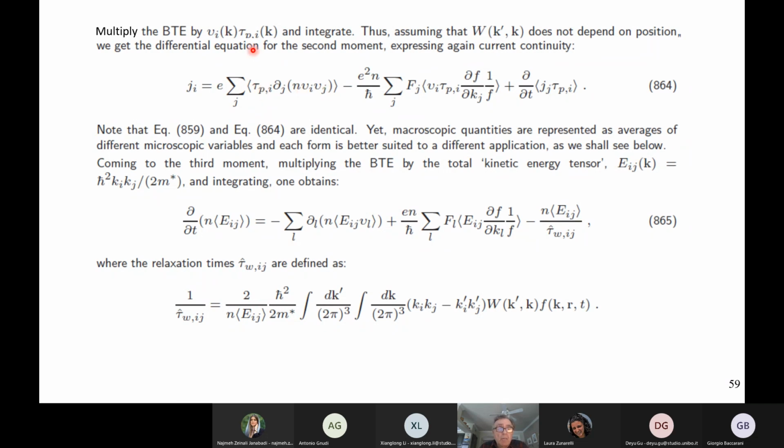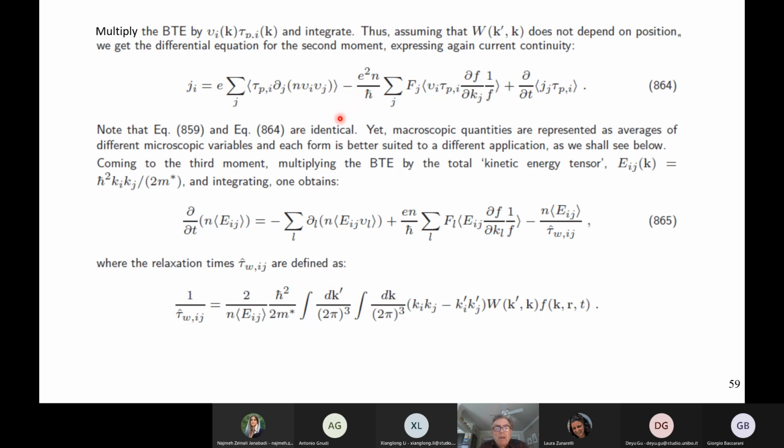That's the only difference, because I multiplied already by tau. And I have again something which eventually will look like a diffusion term, and something that, since it's proportional to the field, I will call the drift term, because it's the effect of the field in accelerating the electrons and making them drift along the direction of the field, and then this term, which is the explicit time dependence.